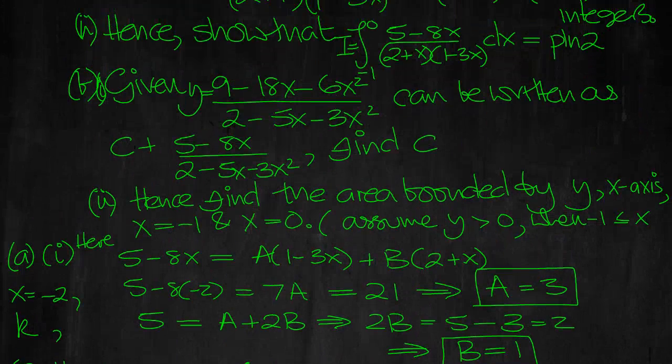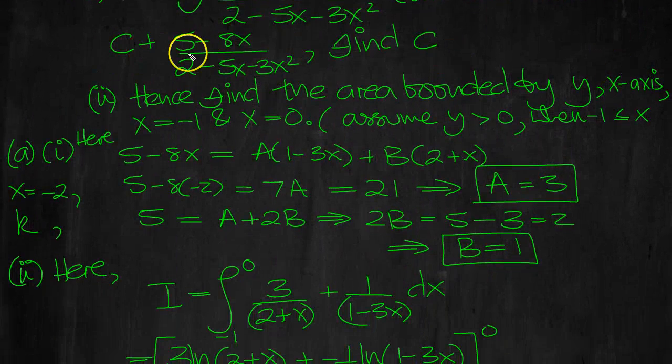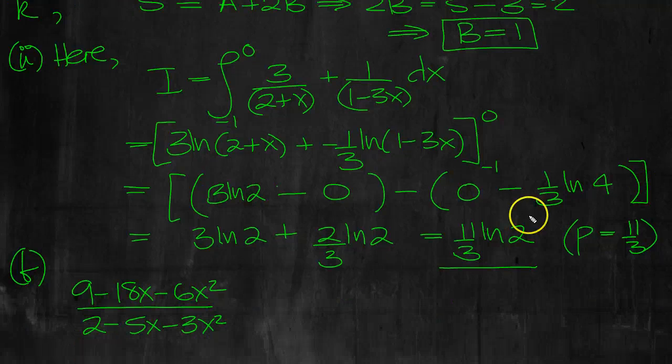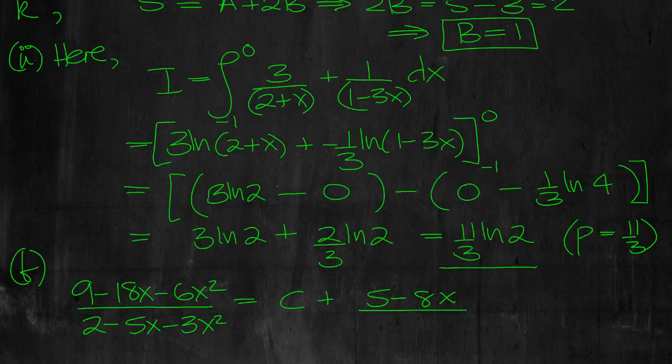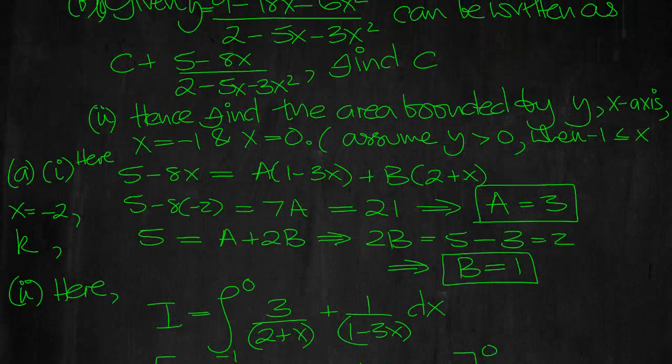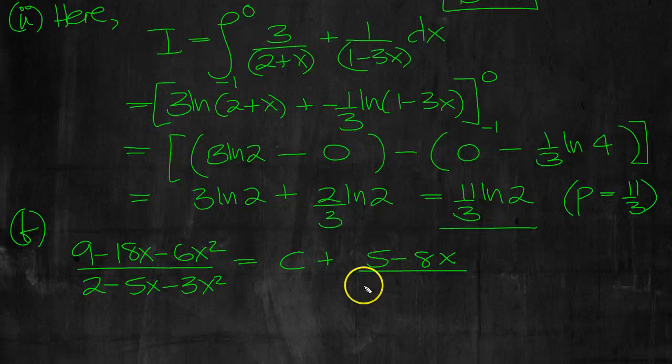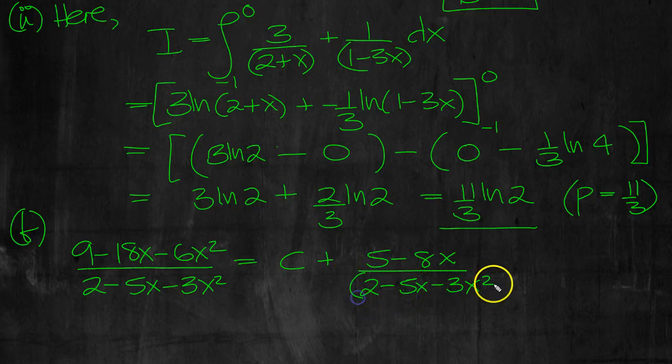Now that can be written as C plus this, which is the integral we had in the previous problem, isn't it? 2 minus 5x minus 3x squared. Okay. Right, so that's part B then.